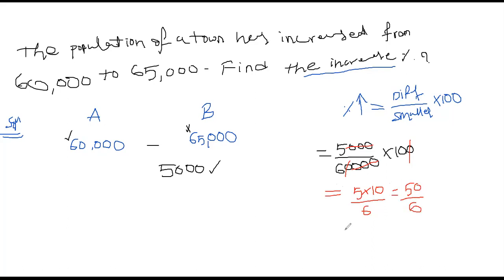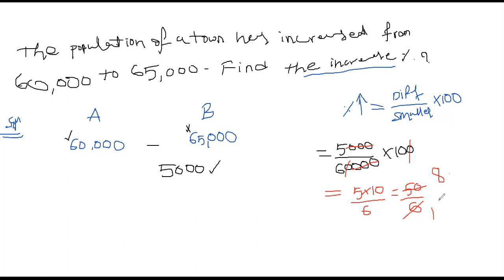50 by 6 is how much? Do the calculation. In the 6 table, 6 eights are 48, and the remainder is 2.